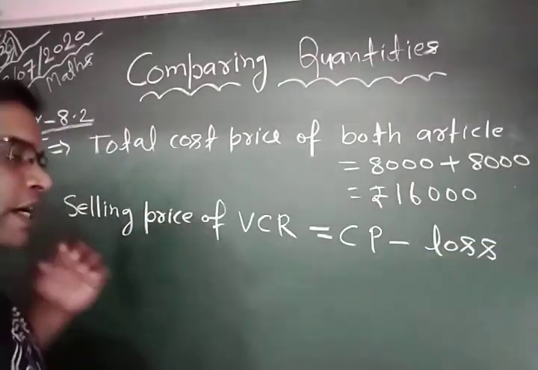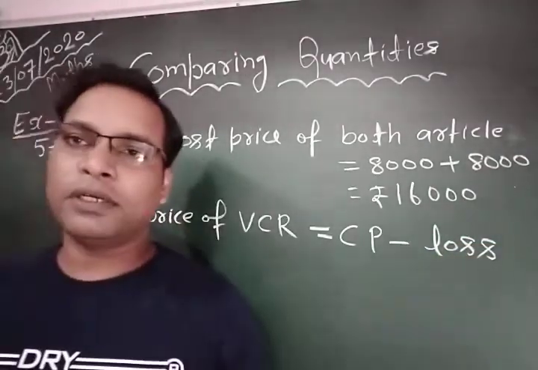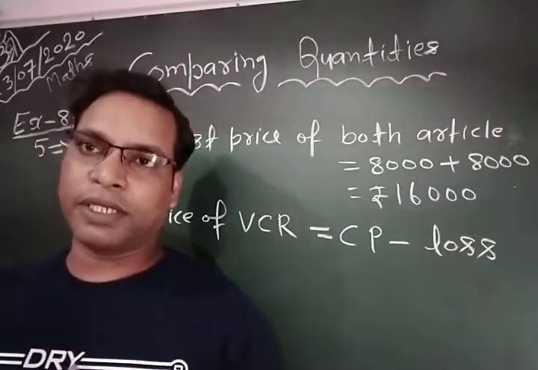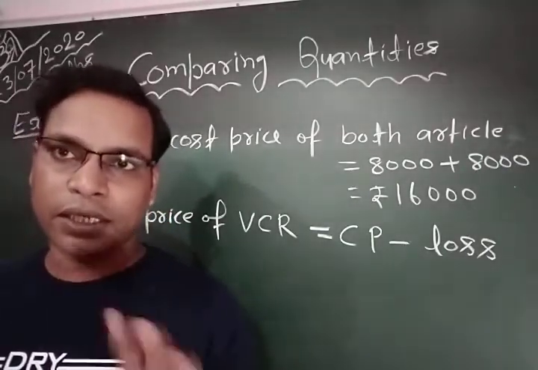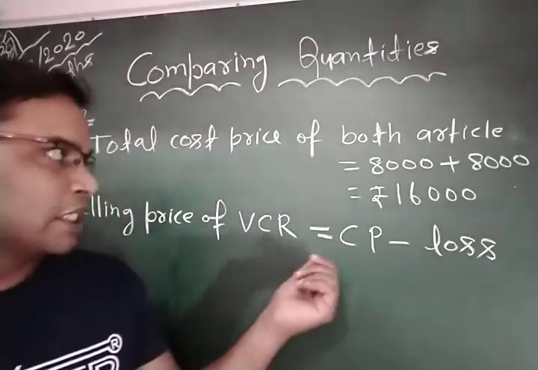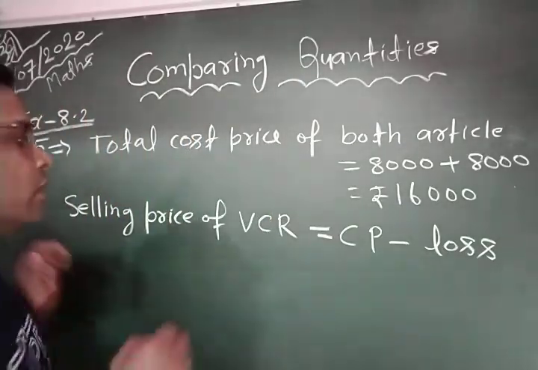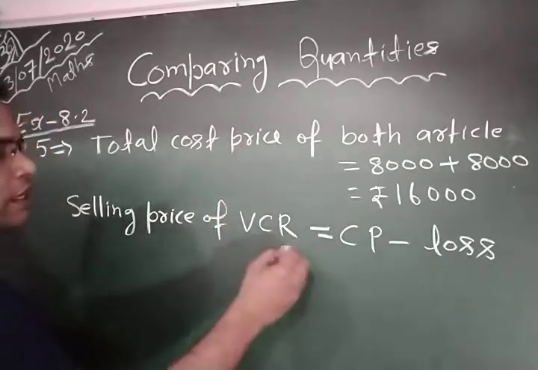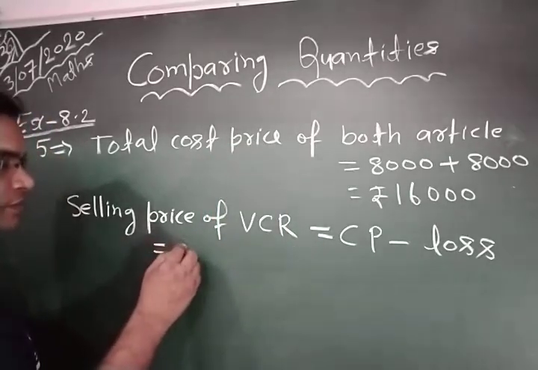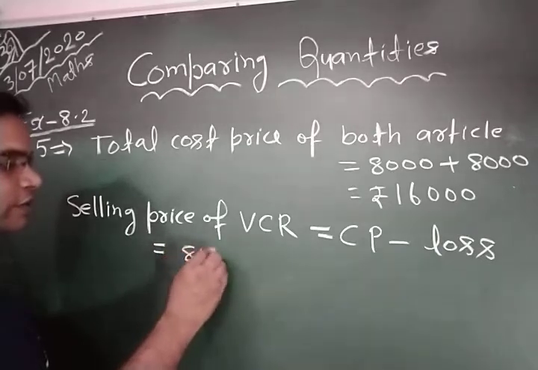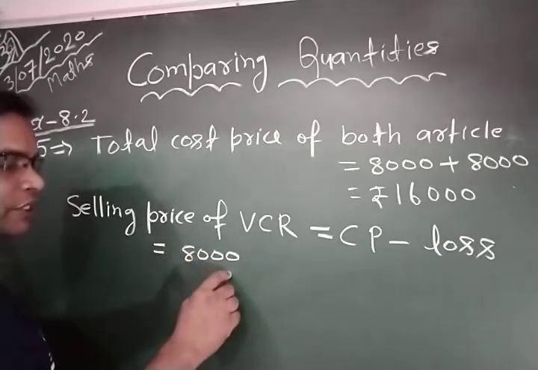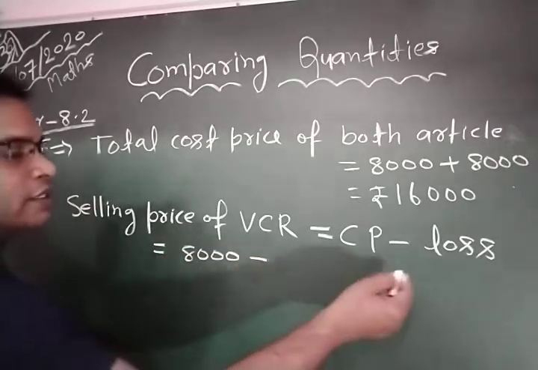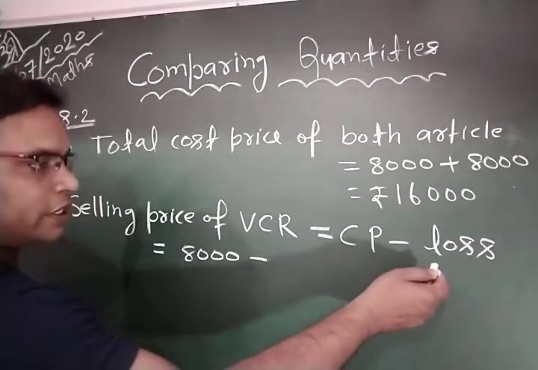We find loss and profit on the cost price. So the cost price is given as 8,000. The cost price of the VCR is 8,000, minus the loss of 4% on the VCR.